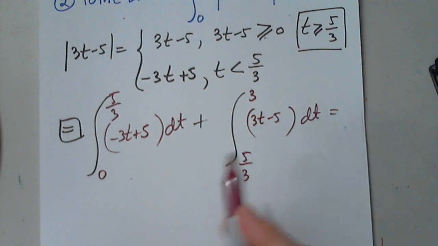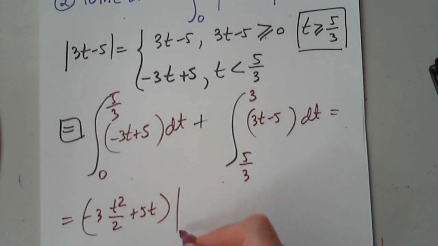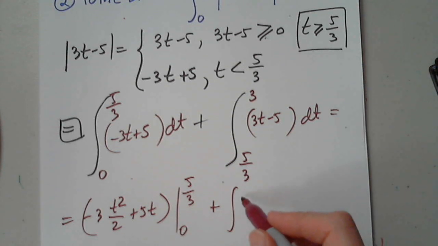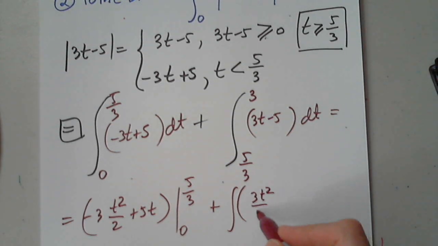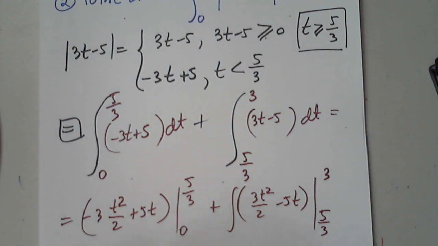Good. So now we know that this is negative 3t squared over 2 plus 5t, from 0 to 5/3, plus 3t squared over 2 minus 5t from 5/3 to 3.